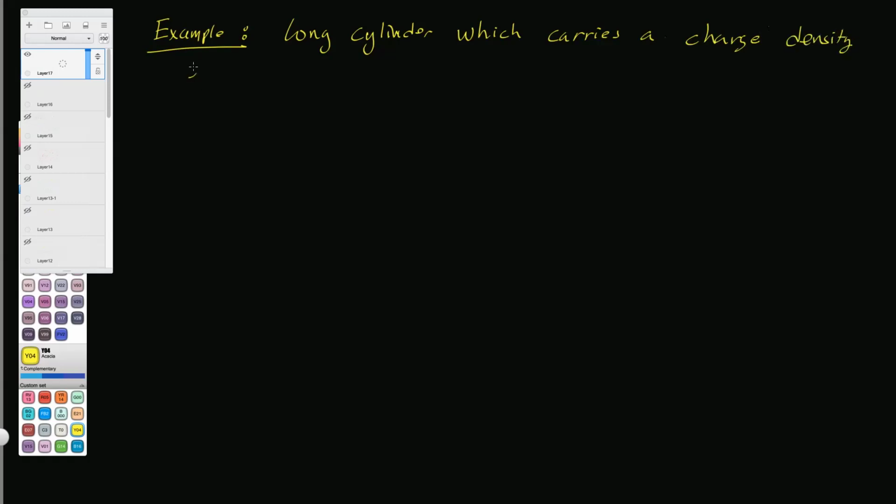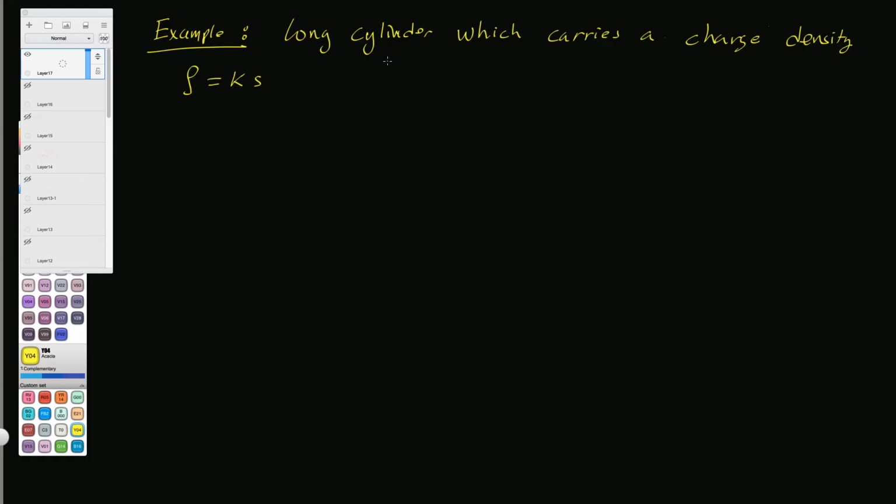So we'll do an example here where we have a long cylinder which carries a charge density rho equal to Ks. S here is the radius, a variable that tells you how far from the center of the cylinder you are.